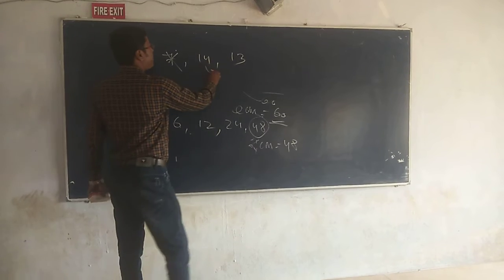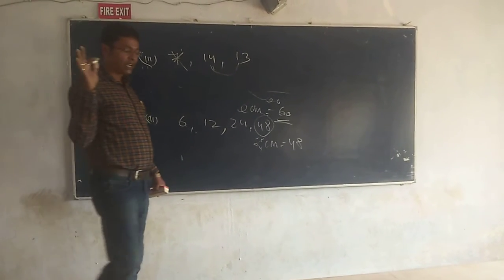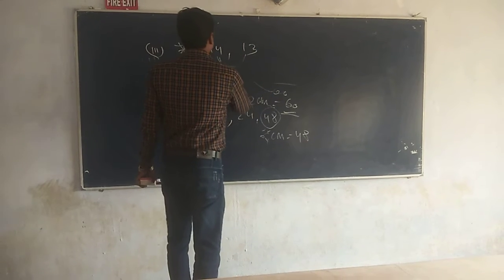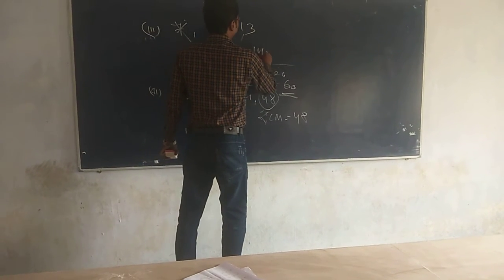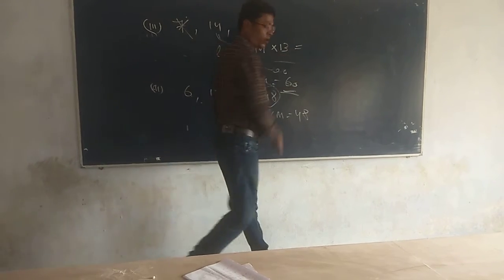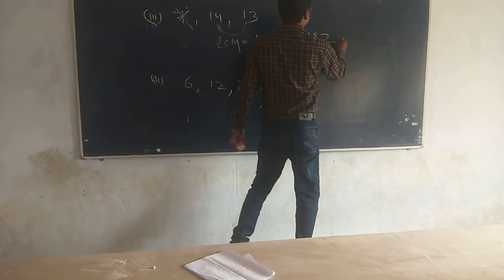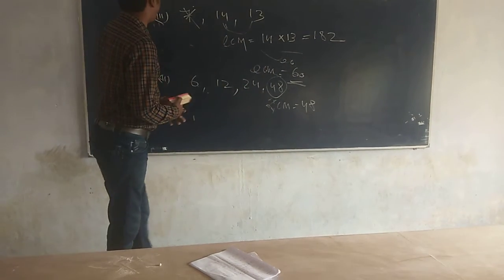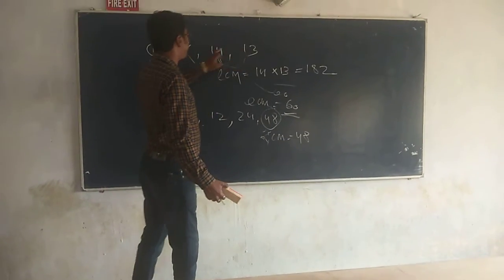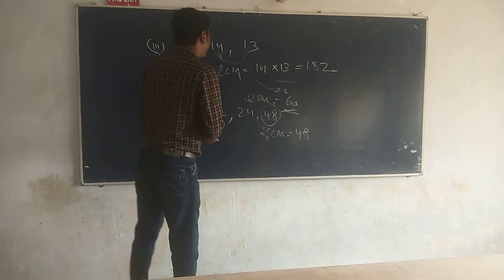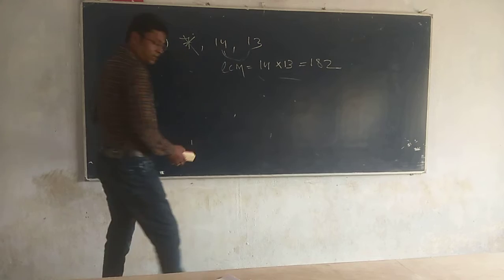Now when 2 prime numbers, consecutive prime numbers, are there, at that time how to find out the LCM? Very simple thing. Just multiply these 2 numbers: 14 into 13. So your LCM is 182. This is the third trick. When 2 prime numbers are there, you just multiply them and find out the LCM.